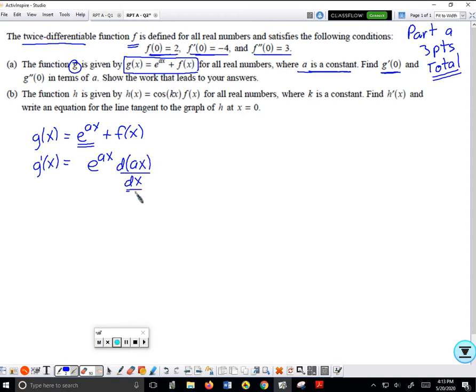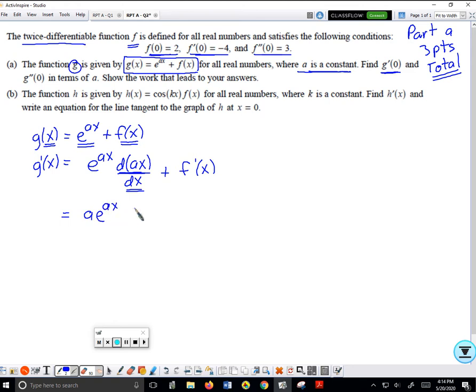This is over dx because this is taking the derivative of g of x, so the input variable is x, plus the derivative of f is going to be f prime. This is going to equal, a is a constant, so this is the derivative of, like ax, like 2x. The derivative of 2x would be 2, so the derivative of ax is just a.